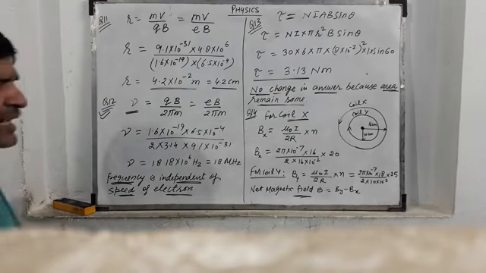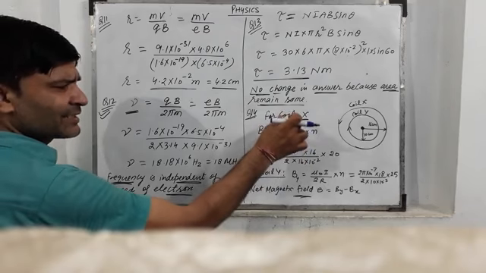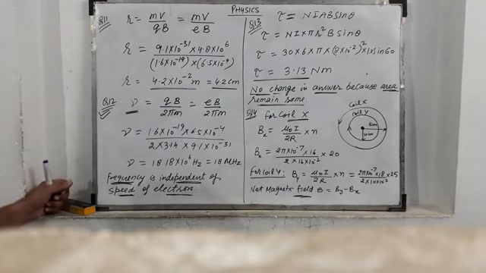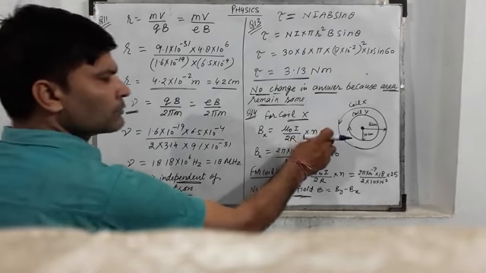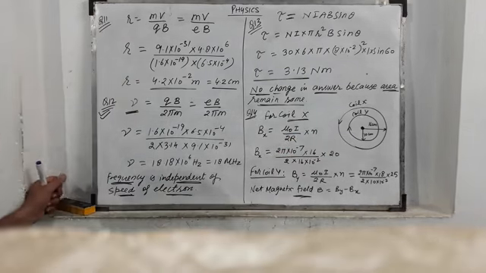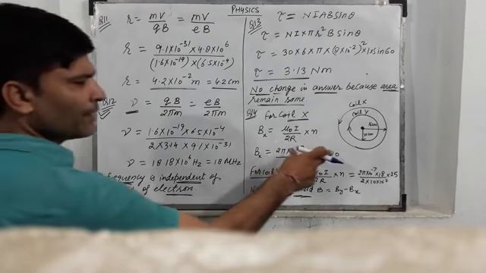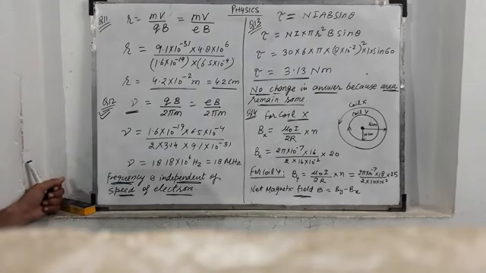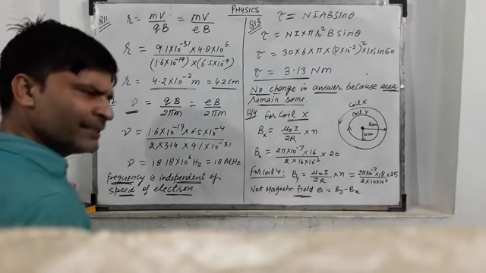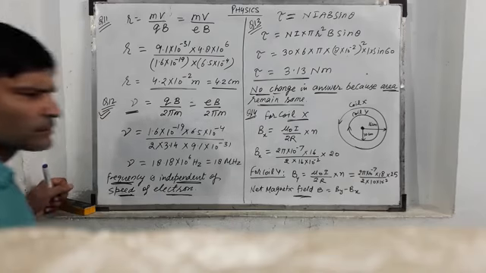This is the magnetic field at the center of a circular coil, and the coil has n turns. So by putting in the values we get this. Similarly for coil Y we get this.